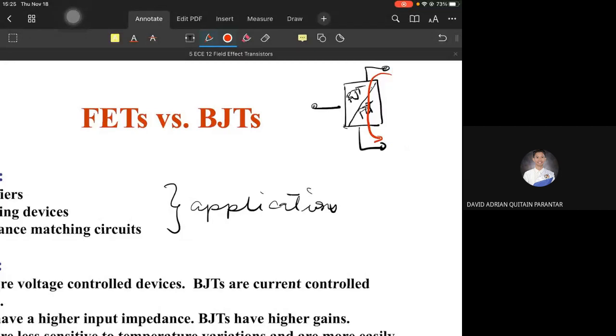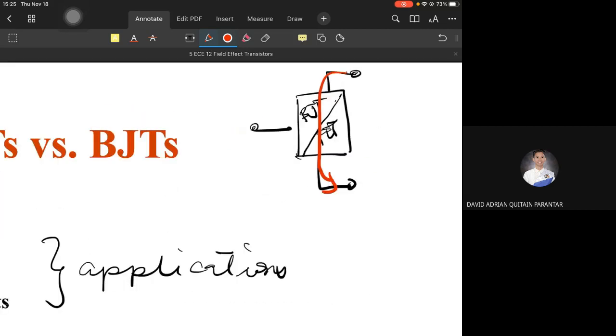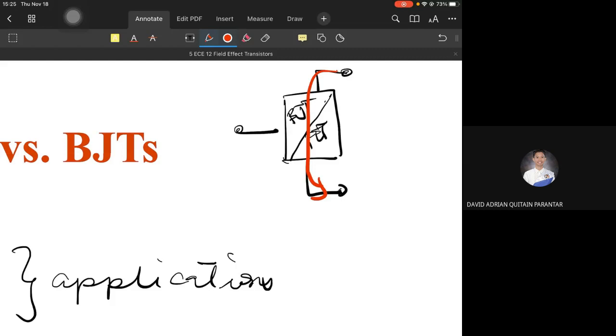The same, current will flow from this terminal to the bottom terminal. The terminal on top, we call the drain, letter D. The one at the bottom, we call the source. So the main channel current flows from the drain to the source, whereas in the BJT, it is from the collector to the emitter.